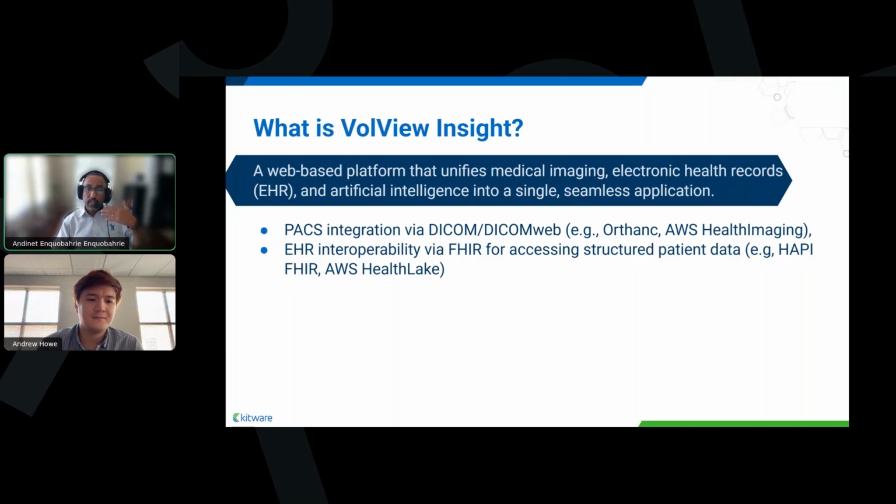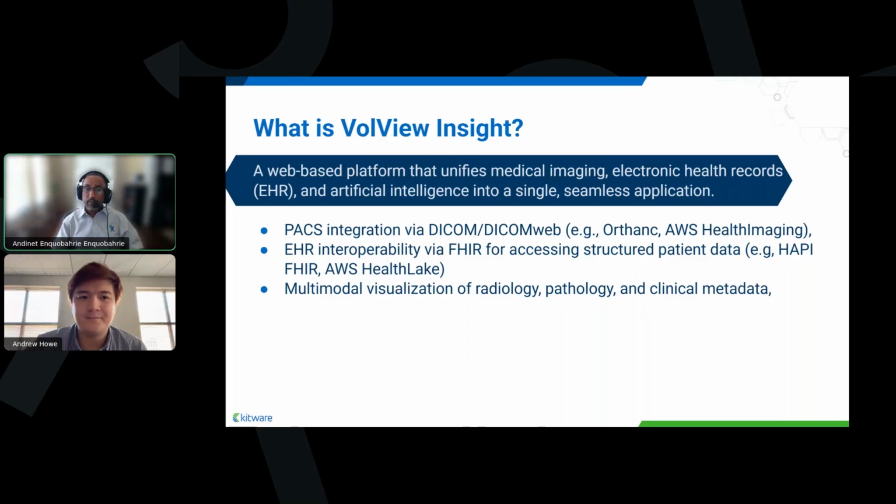But you can also use other types of FHIR servers like AWS HealthLake and others that are provided by other public cloud service companies. Third, VolView Insight enables multimodal visualization. You can visualize your radiological imaging data, you can visualize your clinical data, and we will demonstrate this. And these are all done in one platform, so you'll have a very complete view of the patient's clinical history.